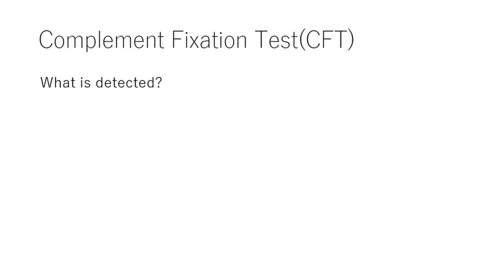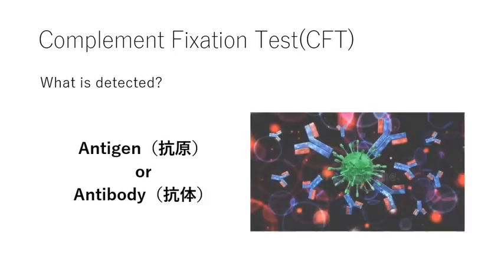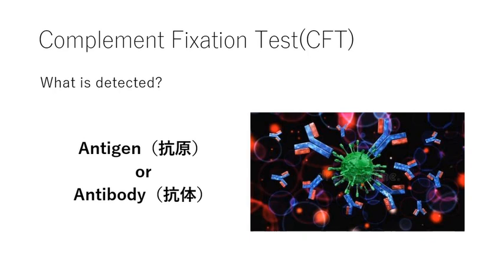Complement fixation test is an immunological test which uses complement to detect the presence of antigen or antibodies. CFT uses complement as a test system which only fixes to the immunological complex or antigen-antibody complex.